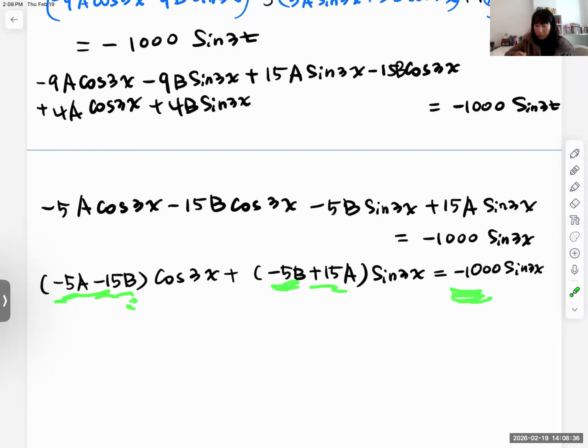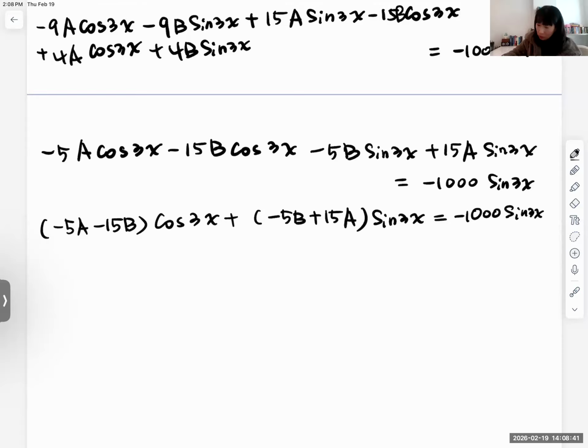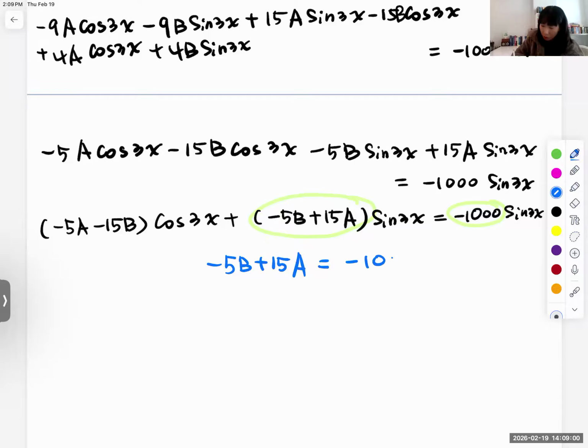Yeah? Let me arrange that. So this one equal to that, right? Okay, so negative 5b plus 15a equal to negative 1000 and negative 5a negative 15b equal to 0, right?